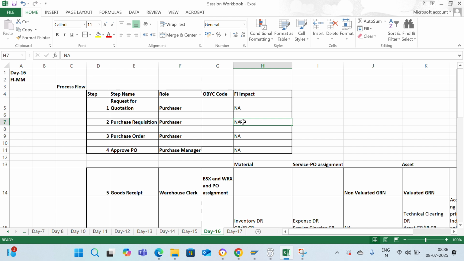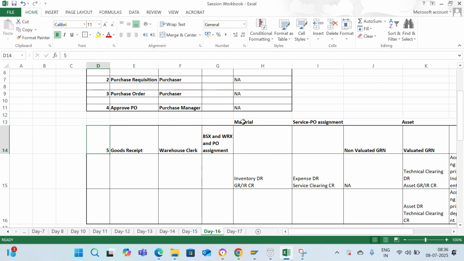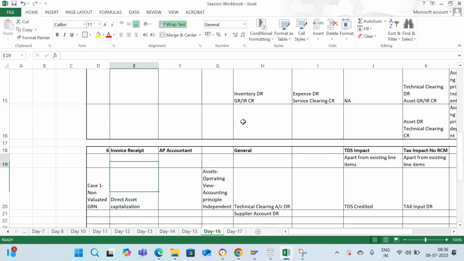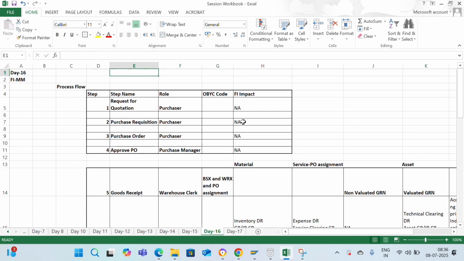Also there is no journal entry and hence no financial impact. When the PO is created, again there is no financial impact as no journal entries are created. When the PO is approved, again there is no financial impact. So the financial impact is during the goods receipt and during the invoice receipt. The reason is at these 2 steps the journal entries are posted.